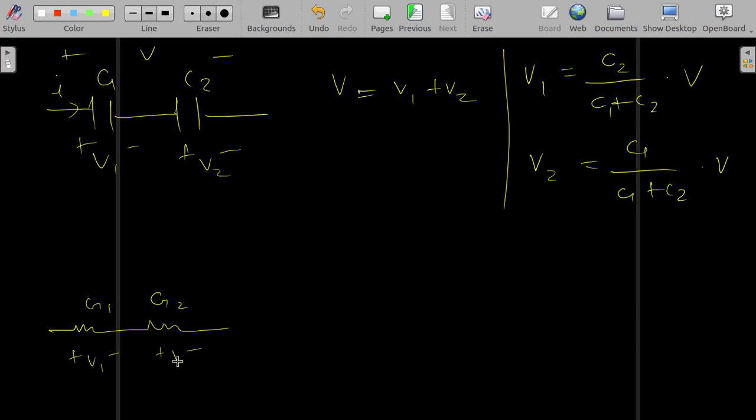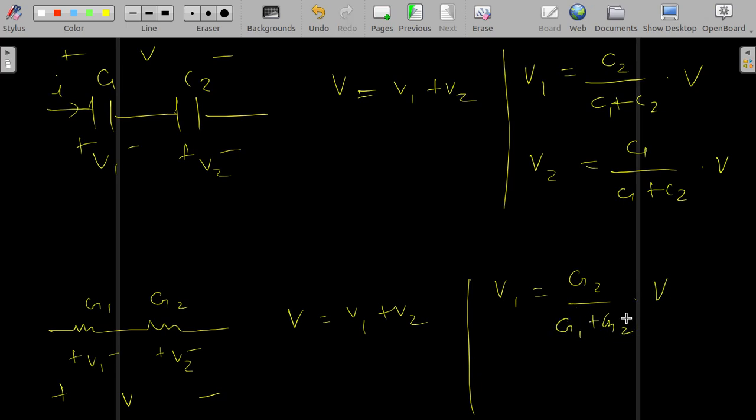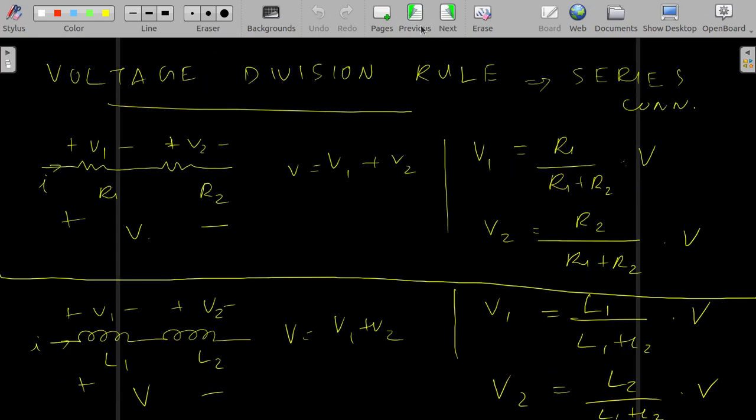So V1, V2, V. So V equal to V1 plus V2, V1 equal to what will be G2 by G1 plus G2 into V, and V2 equal to G1 by G1 plus G2 into V. So capacitors and conductances respond the same way, or we model them the same way, and resistances and inductances we model them the same way.